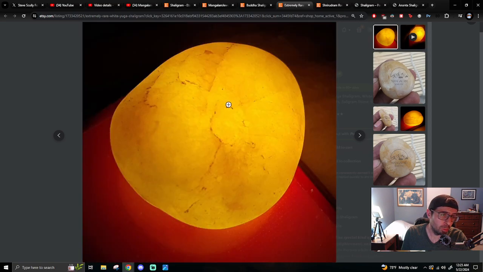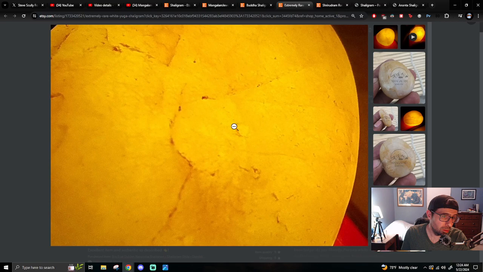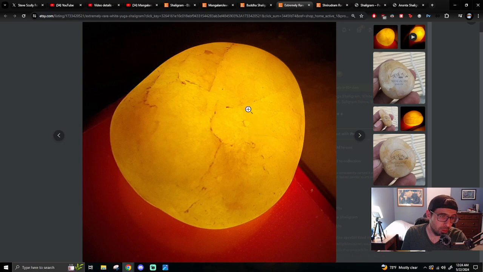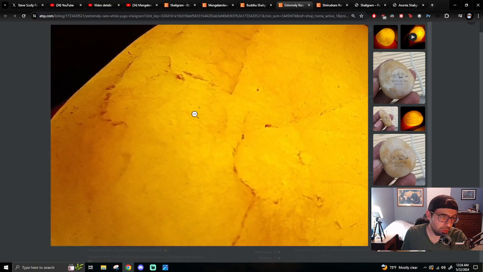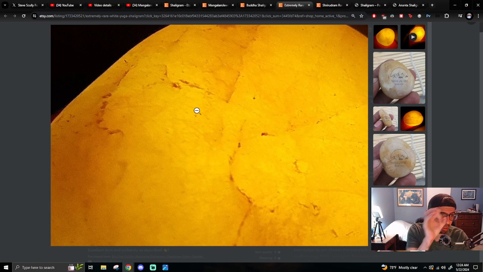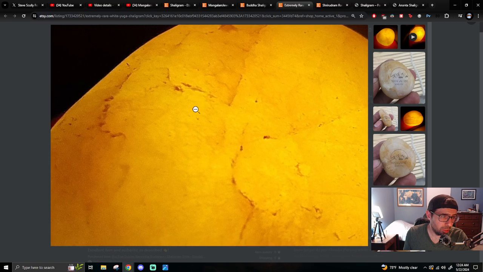If it were to, oh my god, this is incredible. It's got so many shallogram features or ammonite features. All these lines, the way they are, this even has little surface roughness to it, looking like little segments.